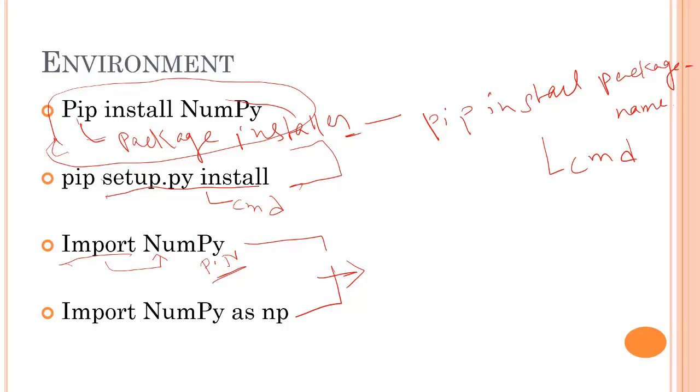Now there is another way called import numpy as np. NP is what we call an alias name for NumPy.